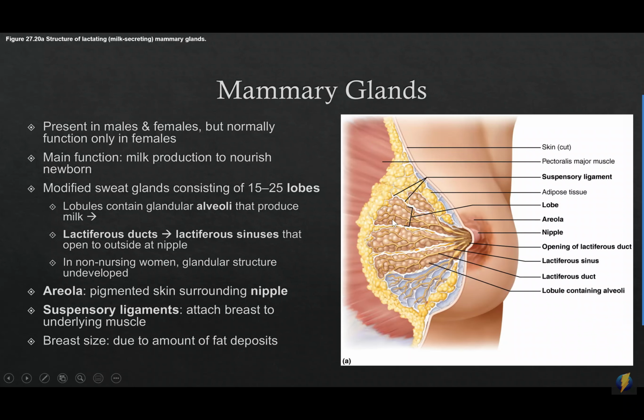You can see here's a lobe, and then each lobe is further subdivided into these little lobules, and the lobules then contain alveoli that actually produce milk. Those are the secretory cells.